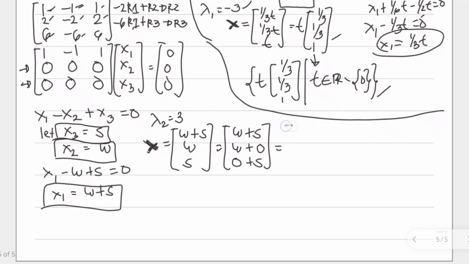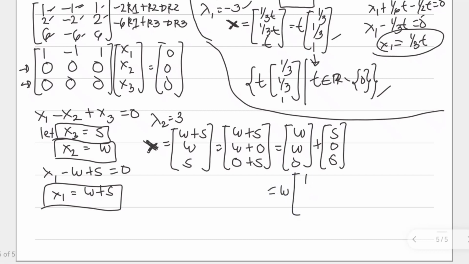So that you can break this into 2 vectors, w, w and 0, plus s, 0, and then s. See, we have 2 vectors here. As we take the first factor, take out w, you will have here 1, 1, 0. And as you take out s, you have 1, 0, and 1.